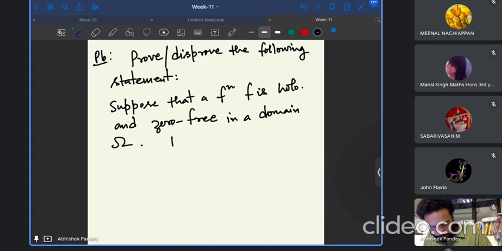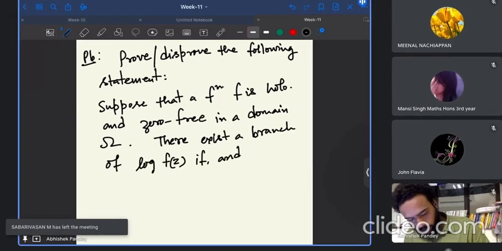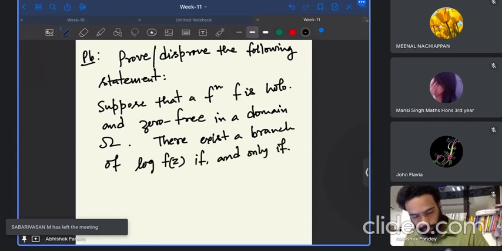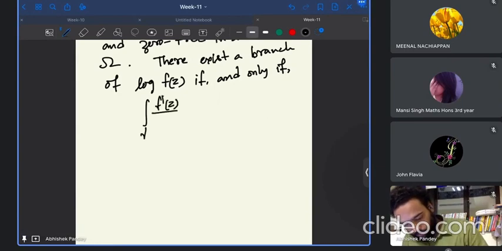So there exists a branch of logarithm, meaning log of f(z), if and only if the integral over gamma of f dash z upon f(z) is equal to 0.